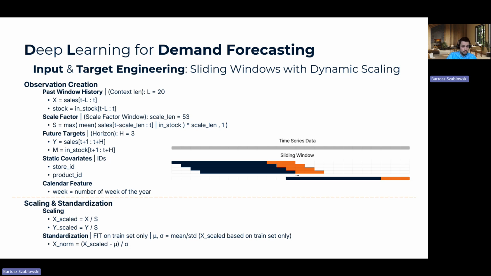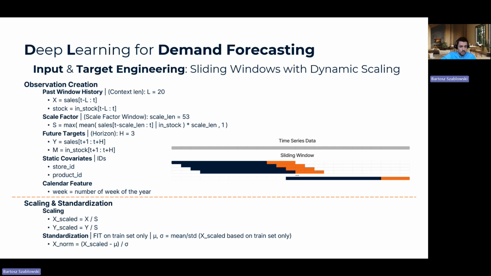A very important element here is the dynamic scaling. Instead of training the model based on the raw values, I divide both input and target by a scale factor computed from history. The scale factor is equivalent to the sum from the previous year, excluding the weeks that were affected by the stockout.